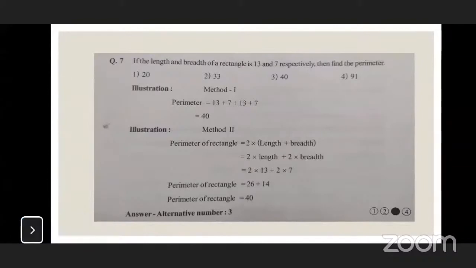See here, the perimeter we can easily find as 13 plus 7, 13 plus 7. And second, we can apply the formula, 2 into length plus 2 into breadth. So 40 is the correct answer.